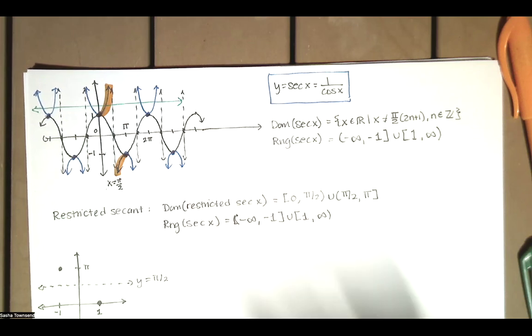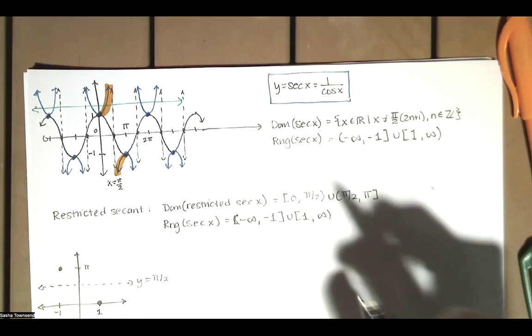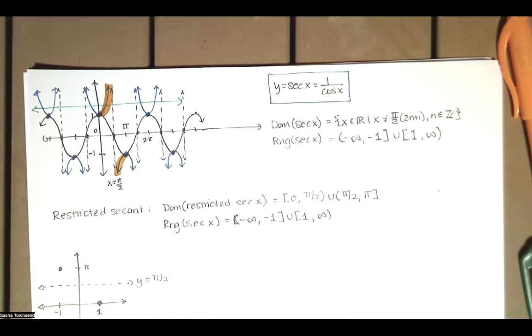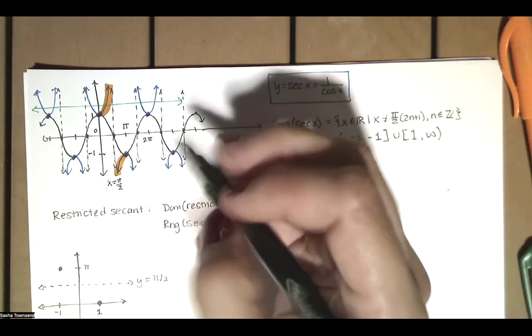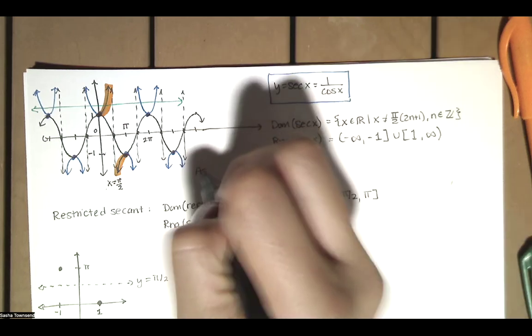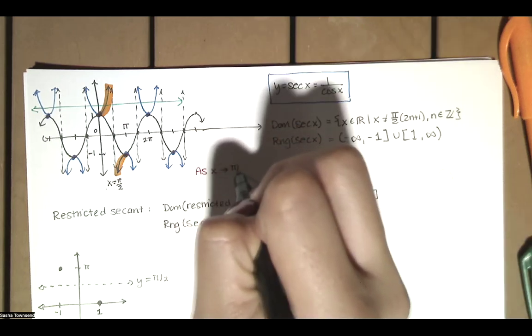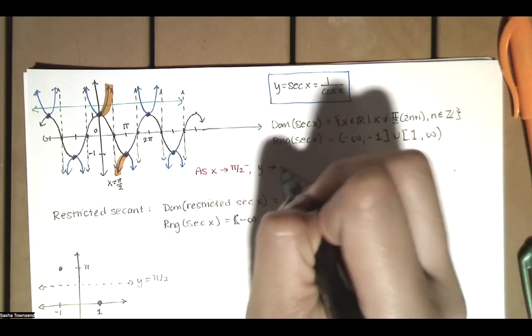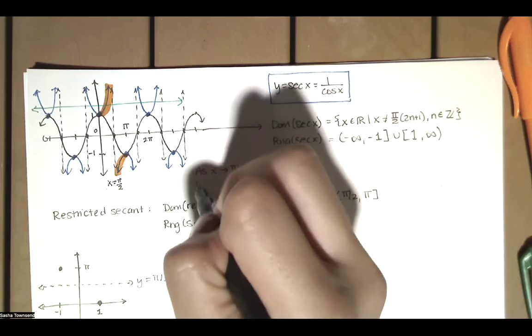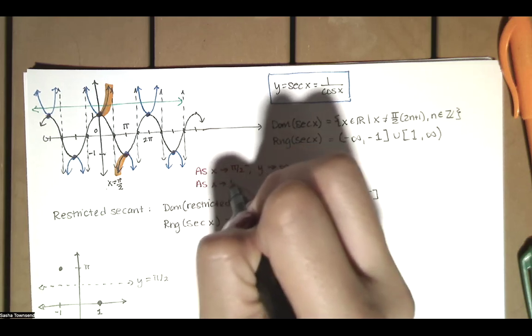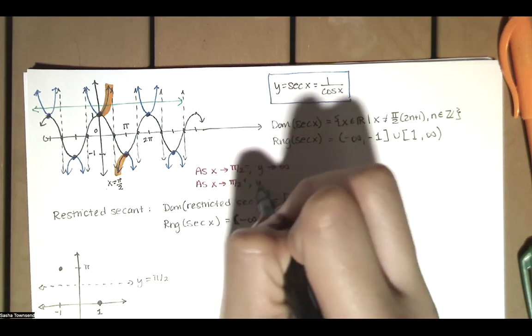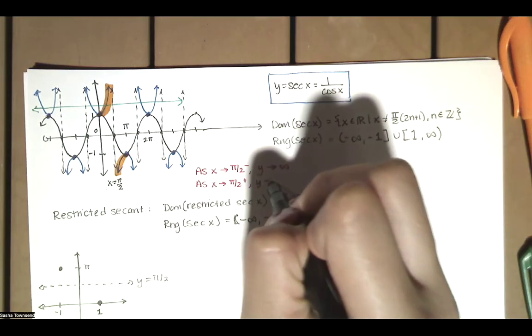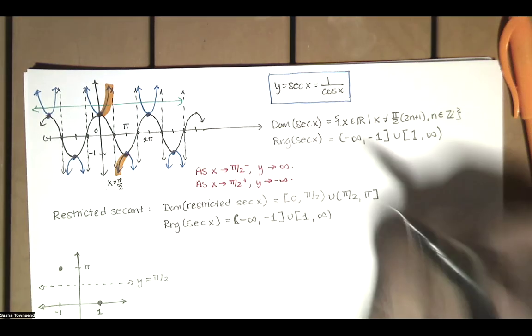You say, okay, well, what about this limiting behavior? See, on the original secant graph, what happened? As x approaches pi over 2 from the left, the y values go to infinity. And as x approaches pi over 2 from the right, the y values go to negative infinity on that secant graph.